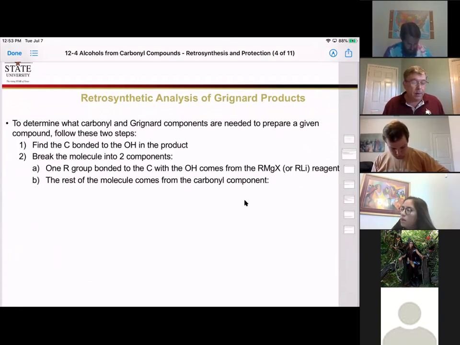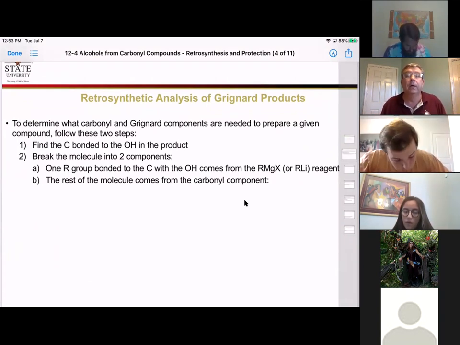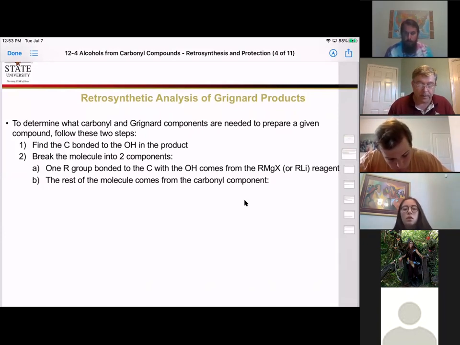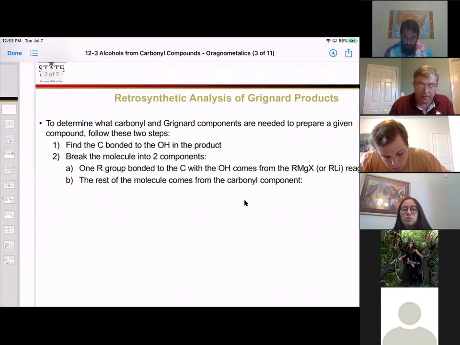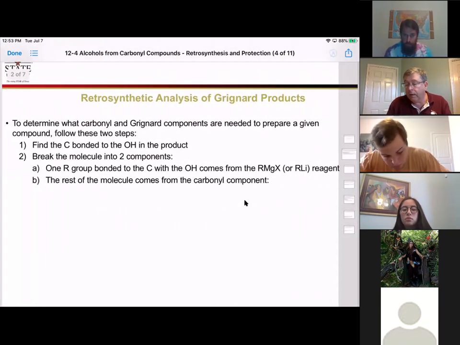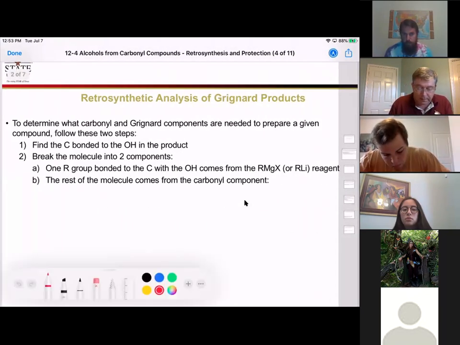I'm going to show you how to attack any organic compound so that you'll know how to make that compound through this Grignard reaction with an aldehyde or a ketone, depending on which one you have.